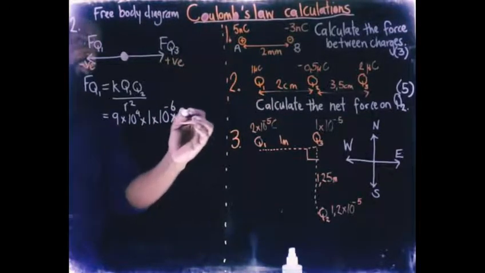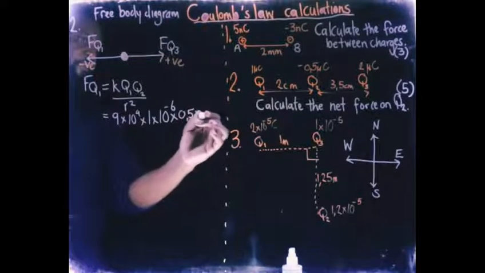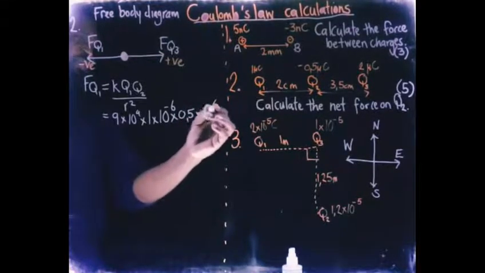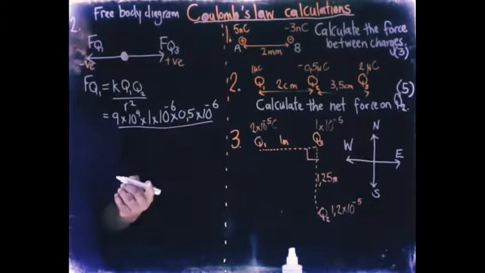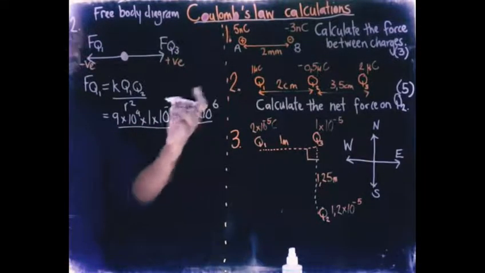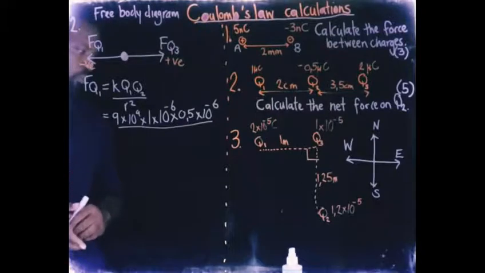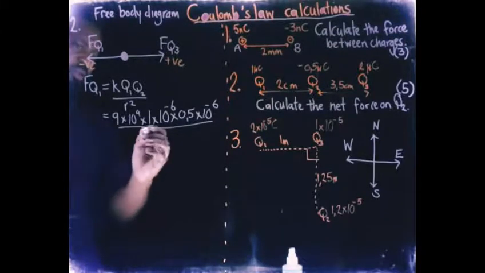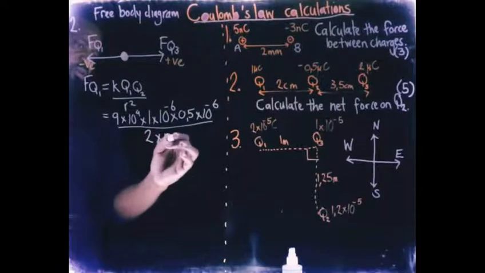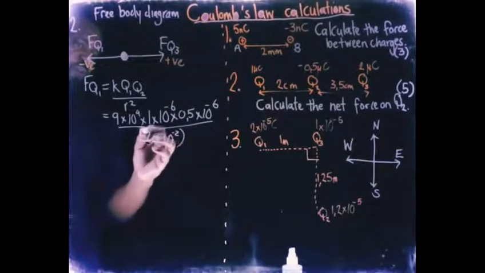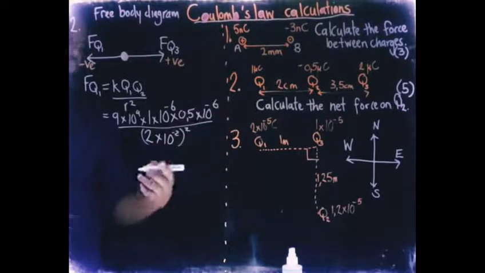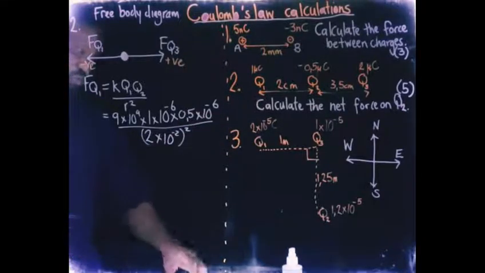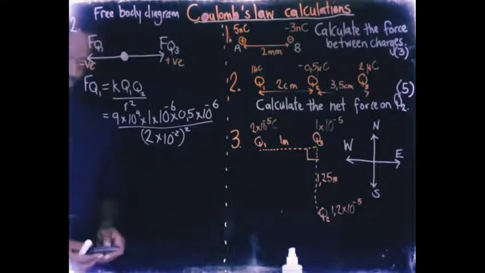Q2 is 0.5 microcoulombs. Notice again, I don't need the negative charge. I'm not going to place the negative charge. Now the distance is 2 centimeters, which means 2 times 10 to the minus 2, divide by 100. Or if you want, you can make it 0.02. Now I'm set for my calculation.